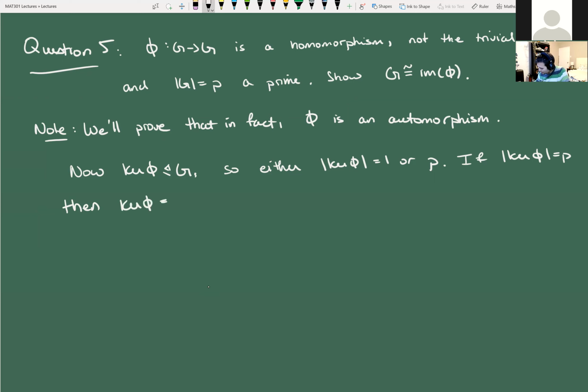But we said it's not the trivial map, so this isn't allowed. So that means that the kernel of phi must be equal to 1, which means what?